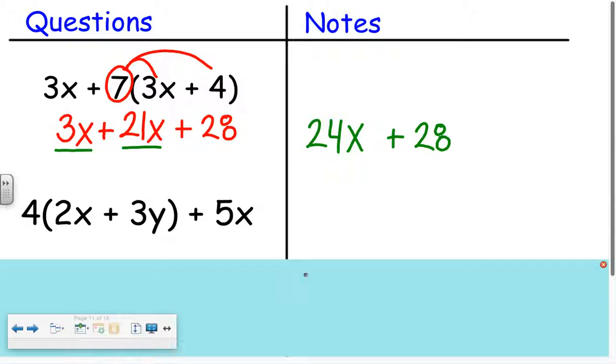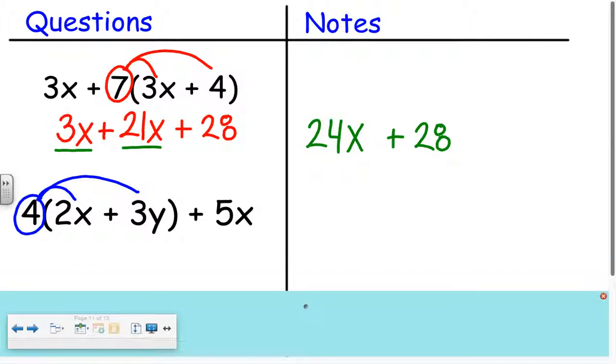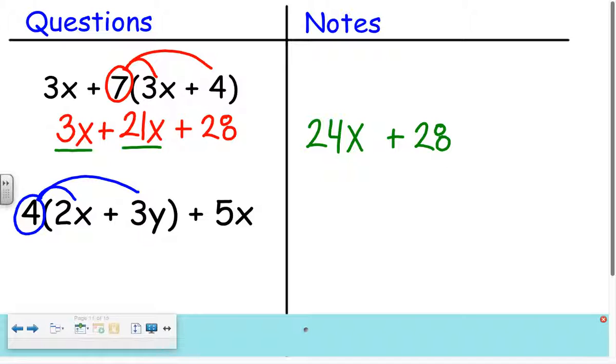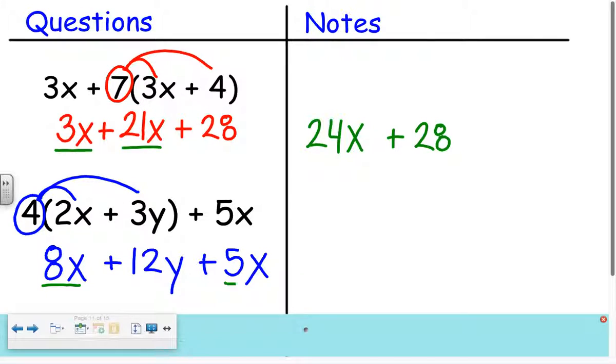Second example, we're going to do the same thing because you'll notice the parentheses, so I'm going to distribute the 4 first. So 4 times 2x is 8x. 4 times 3y is 12y plus 5x. 8x and 5x make 13x.